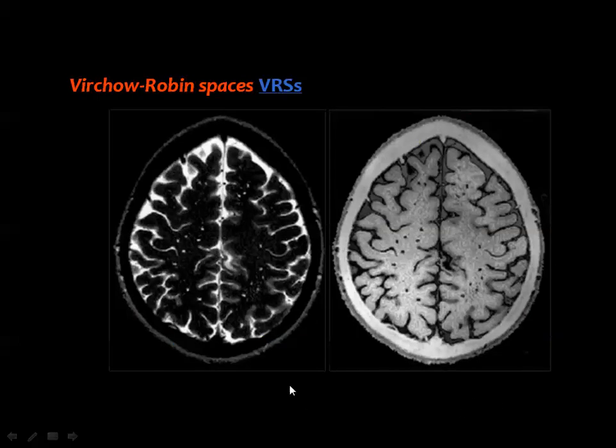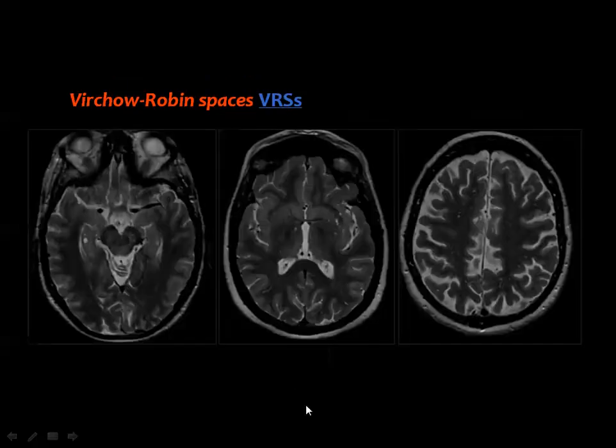And this is a good example. This is T1 and this is T2, with the images showing the Virchow-Robin spaces in the form of dots of CSF-like signal, low signal in the T1 and high signal in the T2 weighted images. They should not be mistaken for lacunar infarctions, for example.